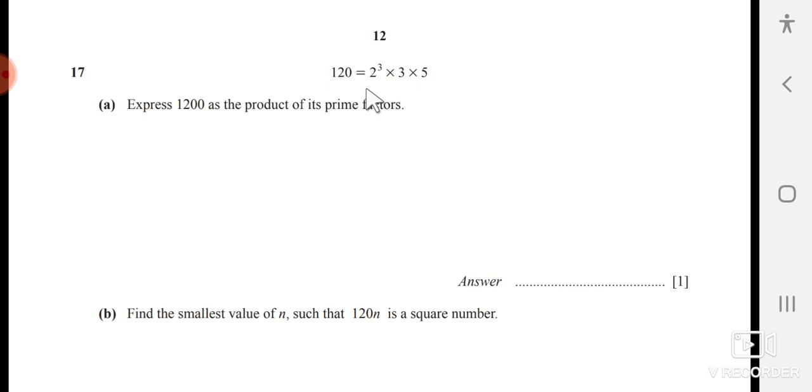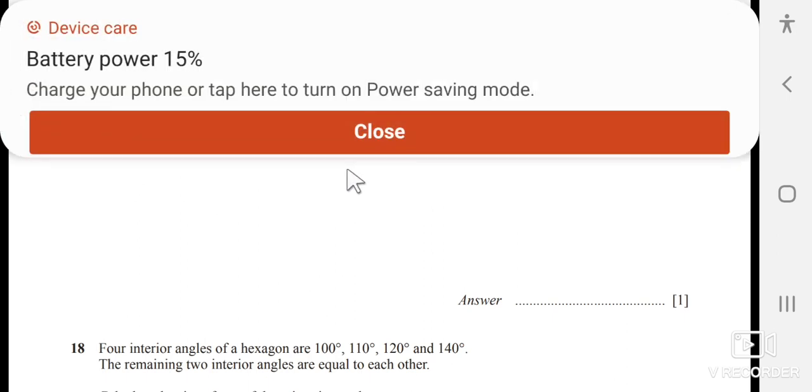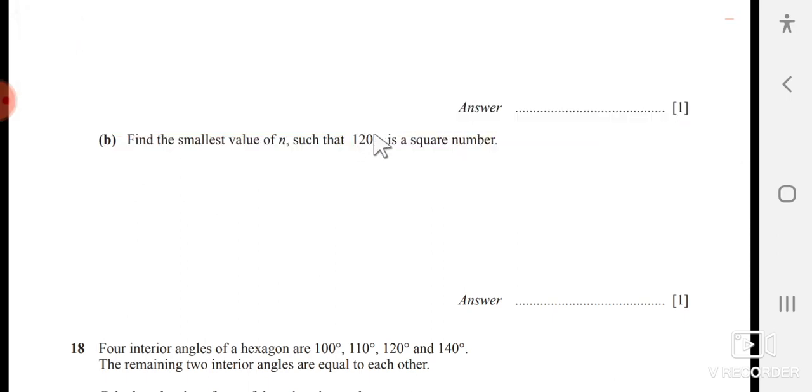This way you will have 2 raised to 4 into 3 squared into 5 squared. So what you multiplied is basically 2 times 3 times 5, 15 times 2, 30. So n is 30. If you multiply 120 with 30, then that would be the smallest square number. So n is 30 for this, right?